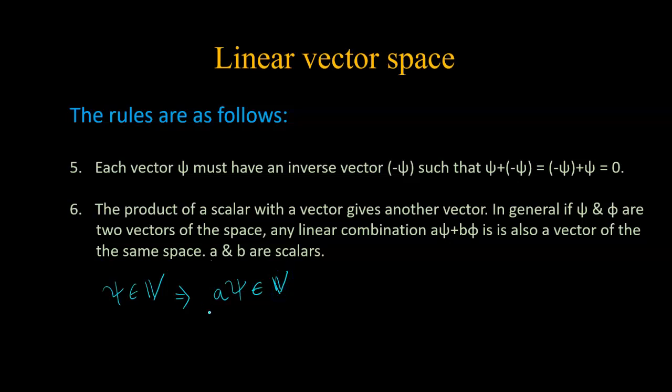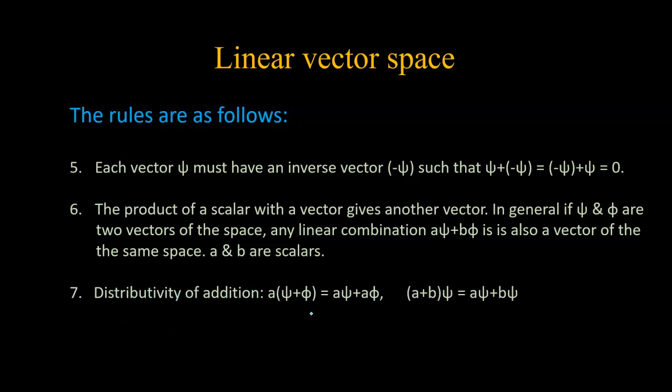Or any linear combination of psi and phi, if phi also belongs to the same vector space, like a psi plus b phi, should also belong to the same vector space, in order to be a linear vector space.